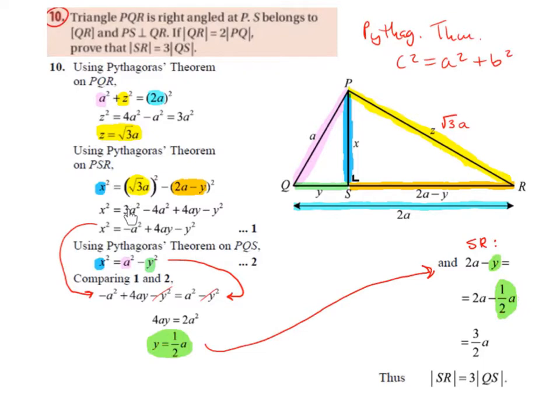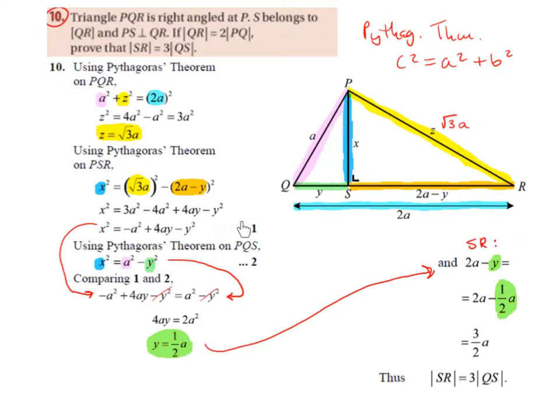Root 3a squared gives us 3a squared, and minus 2a minus y squared, when we multiply it out, and remember to multiply in the minus at the front, we end up with minus 4a squared plus 4ay minus y squared. So then simplifying, 3a squared minus 4a squared is minus a squared. Bring down the 4ay, bring down the minus y squared. So we have x squared is equal to minus a squared plus 4ay minus y squared.